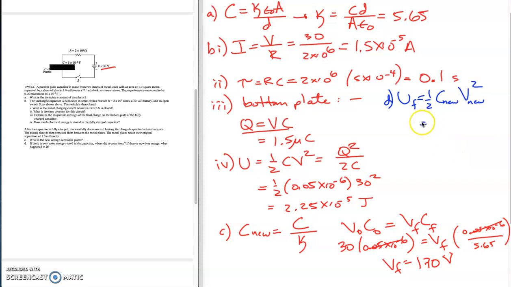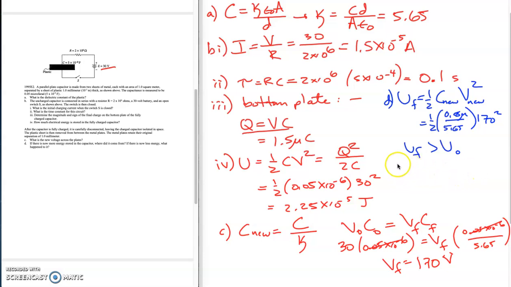So we can plug in our numbers: 0.05 micro over 5.65 times 170 squared, and we can get a new number for it. And what you're going to notice is, yeah, we've made the capacitance smaller, but then we squared the increase. So U final is going to be greater than U original.